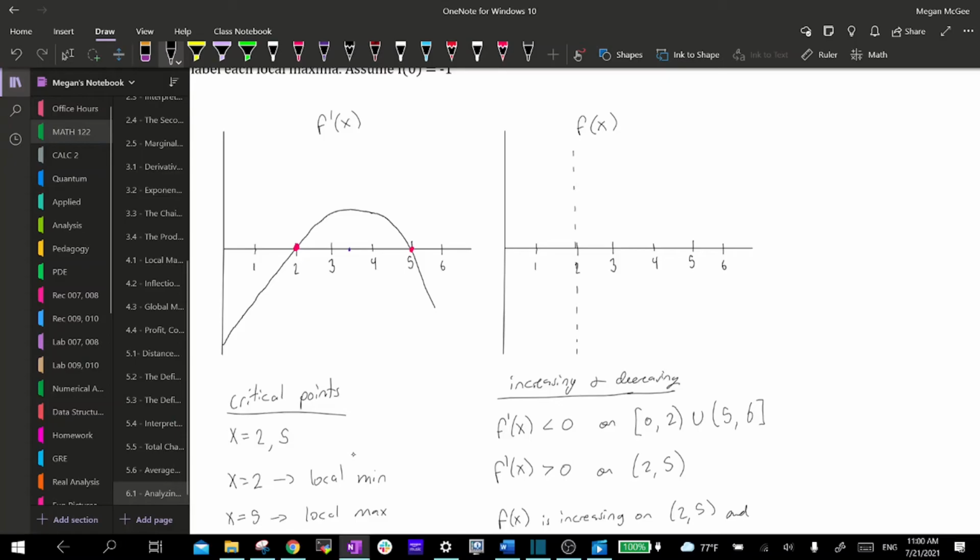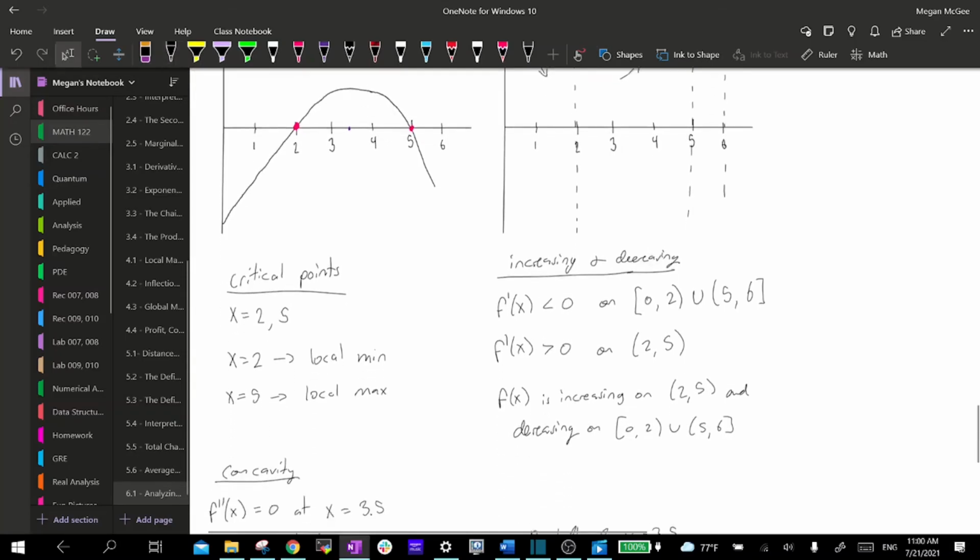On this section, we have our first derivative is less than 0. So that means we need to be decreasing. So we are decreasing here. From 2 to 5, we need to be increasing. And from 5 to 6, we need to be decreasing again. Okay.